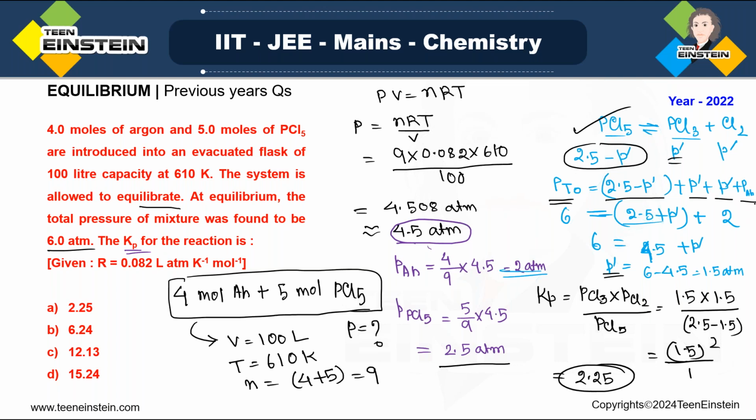Don't forget it. Once you have written this expression, you can find the value of P prime, which is 1.5. Now the last step, the fourth step, is finding the Kp value, because now you know the partial pressure of the products, PCl3, chlorine, and the reactant, 2.5 minus 1.5. And we got our answer, 2.25.